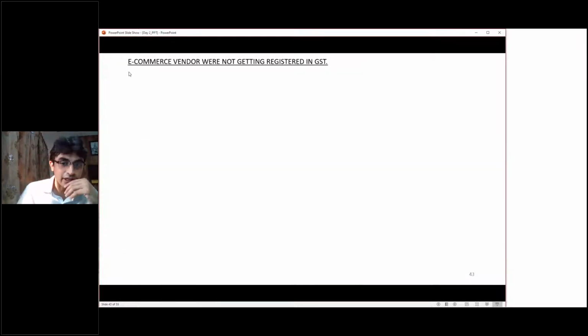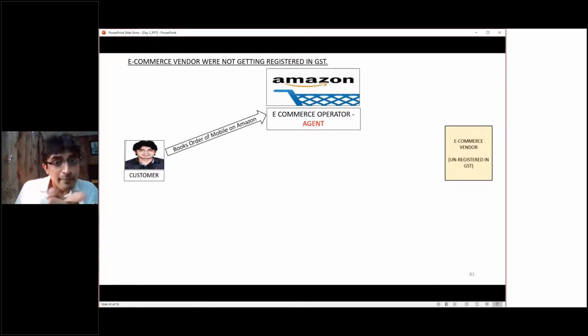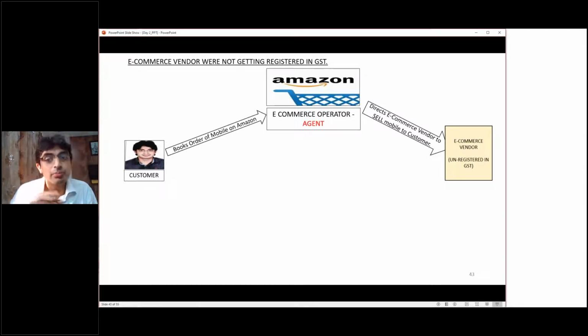But see what was going on in the market, that is what I want to explain. Vendors were told it is compulsory, but they were not getting registered.